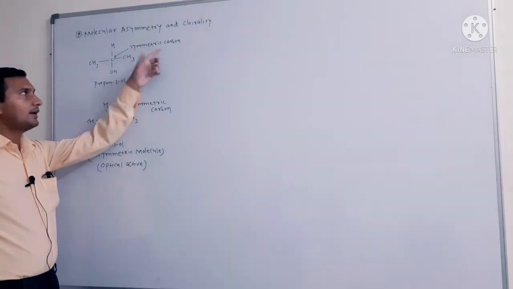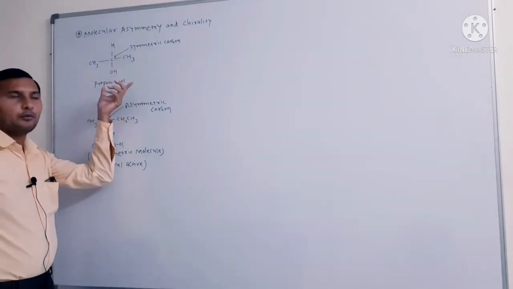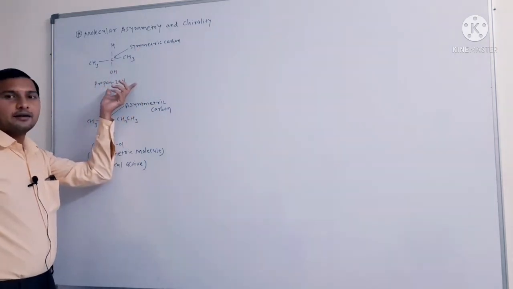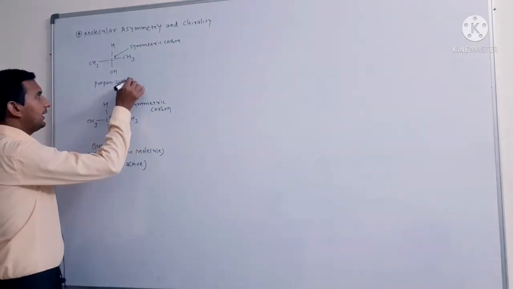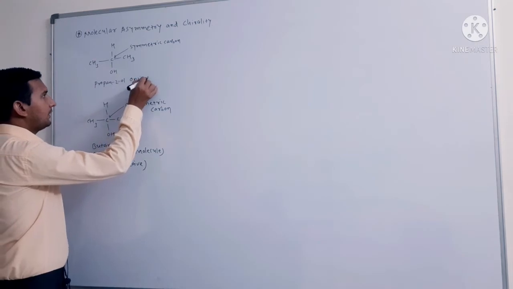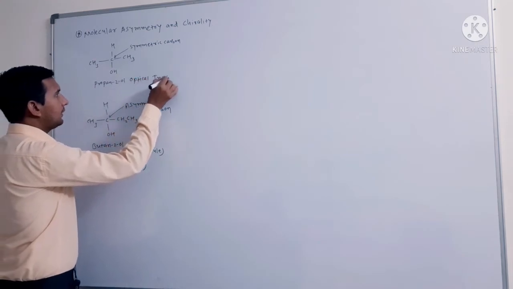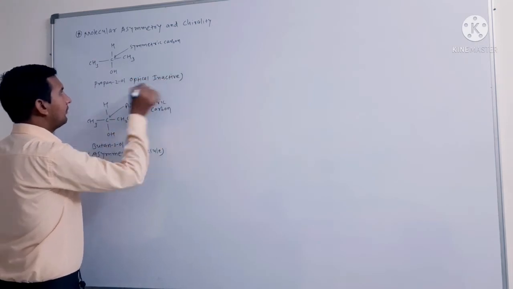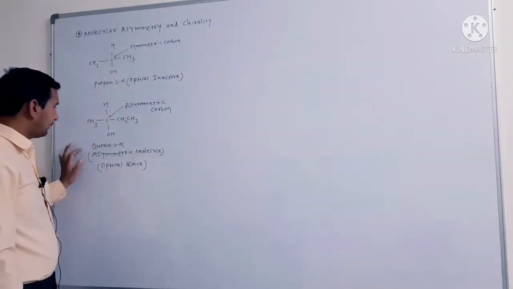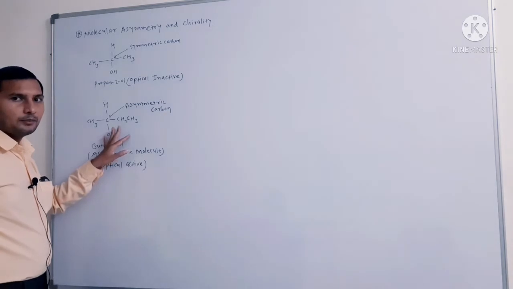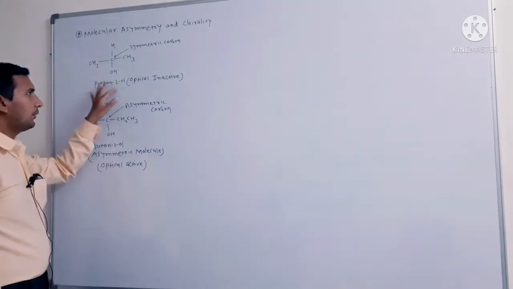Symmetric carbon containing organic molecules like propan-2-ol are optically inactive compounds. So how can we say butan-2-ol is optically active and propan-2-ol is optically inactive?